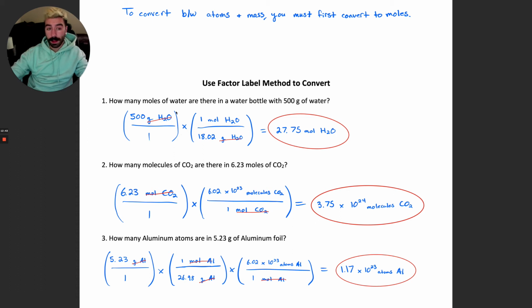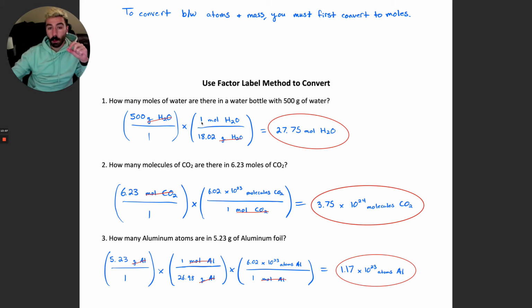Now, to convert that to moles, we'll have moles on the top and grams on the bottom. But what conversion factor do we use? Well, we use the molar mass, because if this is how many grams we have, and I know how many grams are in a mole, that's what molar mass is, grams per mole, well then I can just convert, right?